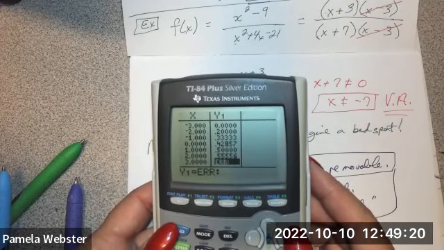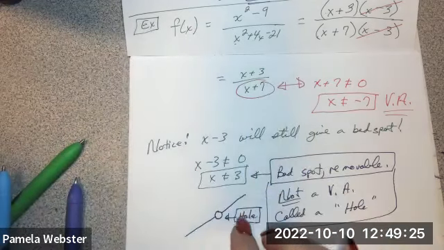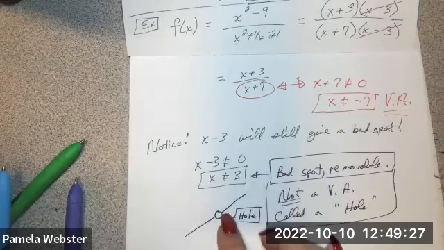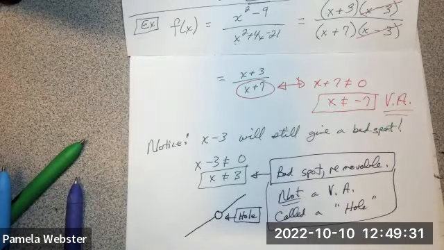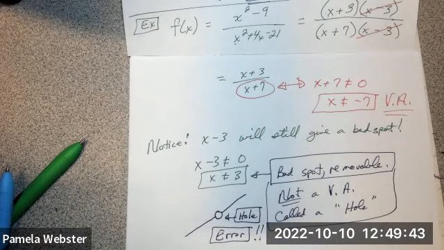When we get to the 3, we see an error because you can't stick 3 into this guy. It gives you a bad spot. Your calculator says error, but that is not a vertical asymptote. That one is just a hole.